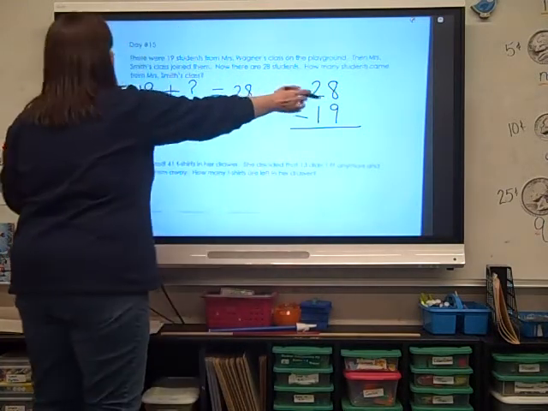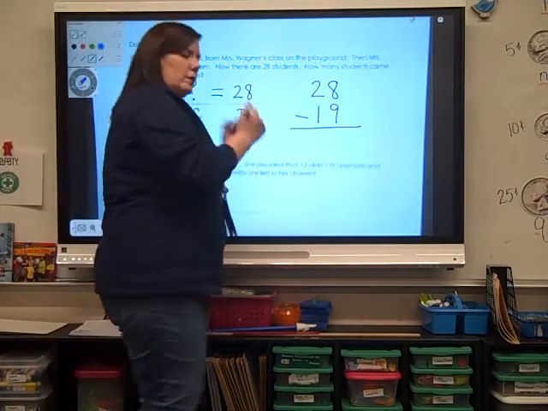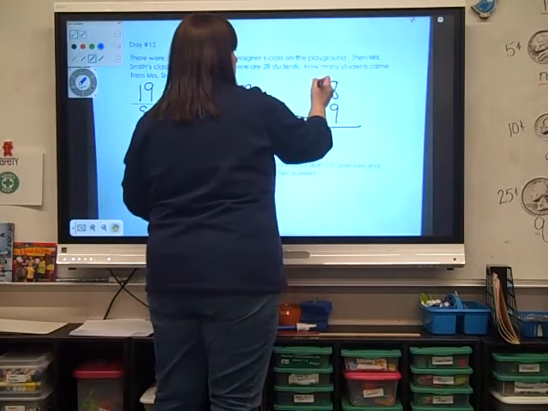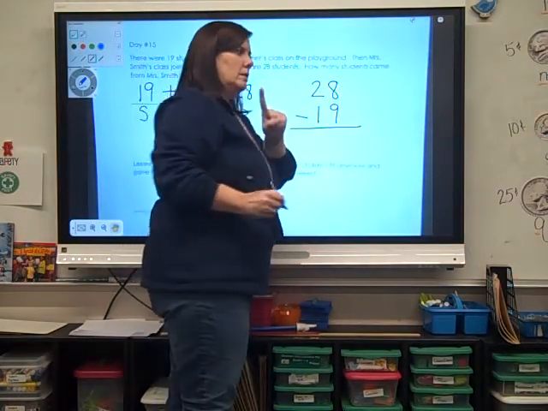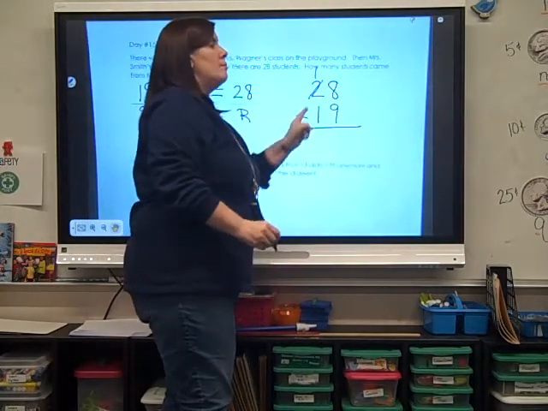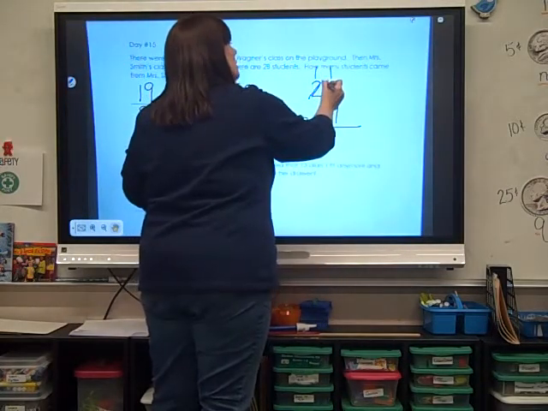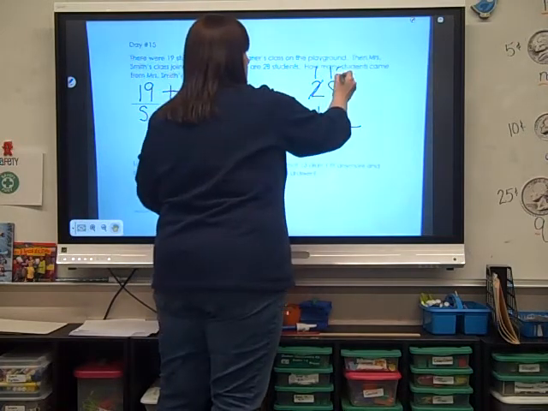Can I do 8 subtract 9? No. So I gotta go get a 10. So I have 2 10s, and if I take 1, how many are left? That's right, 1. Now move that 10 in. Who moves in with the 10? Right, the 8.